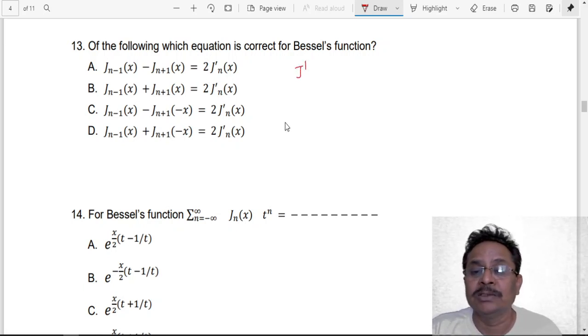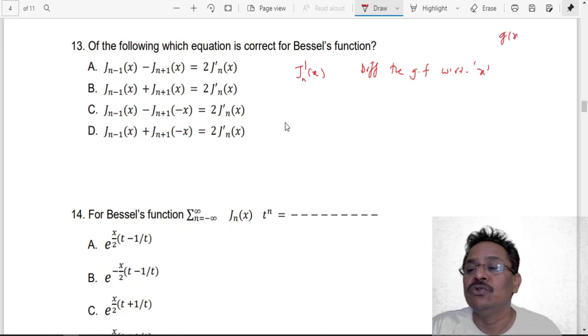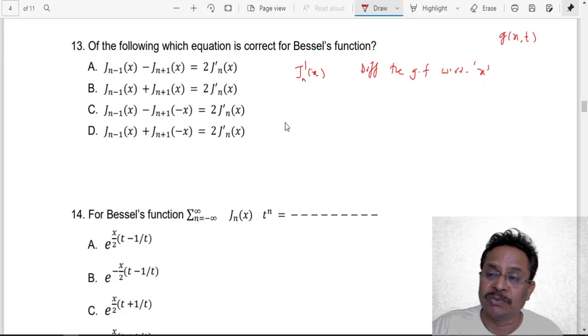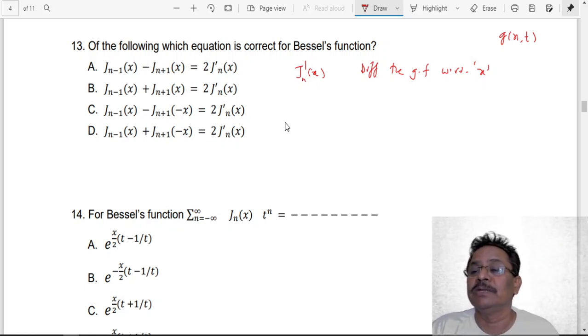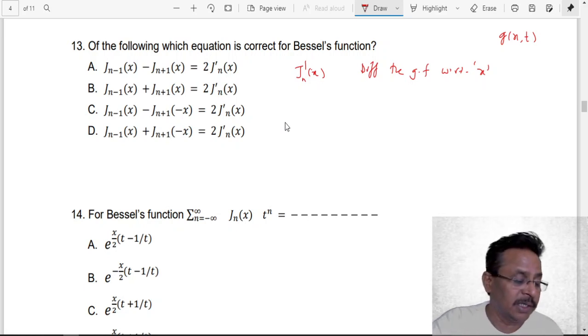Whenever we come across J dash n of x, remember we have differentiated the generating function g of x, t with respect to x, another variable. Once we differentiate with respect to t, we get the properties we have seen earlier. When we differentiate this generating function with respect to x, then we get this type of differentials, J dash n of x.